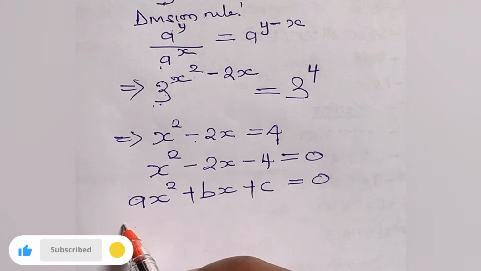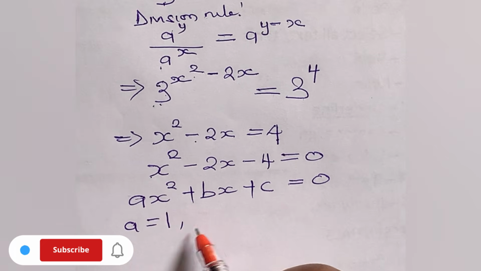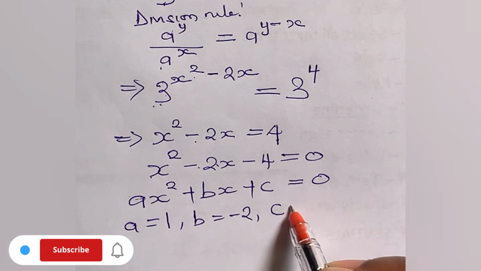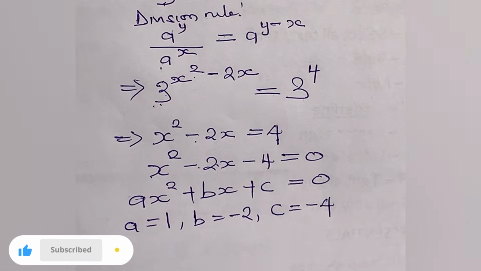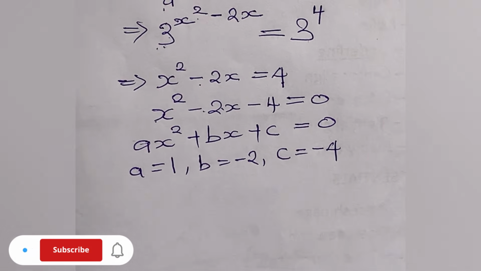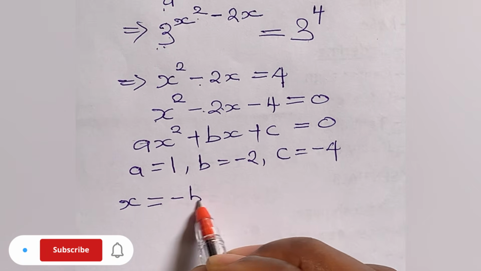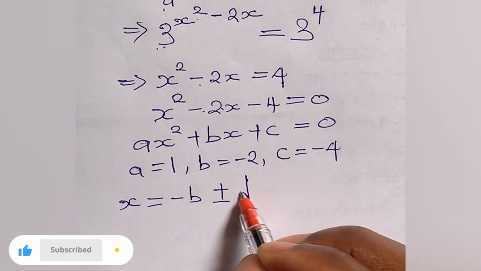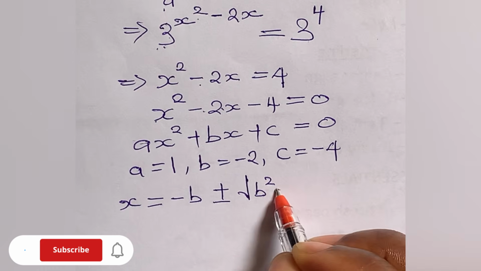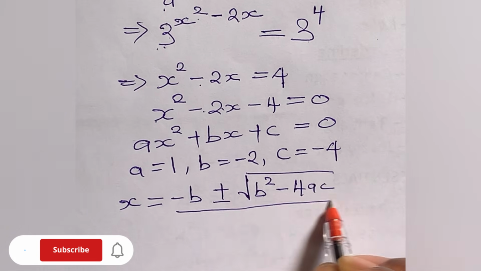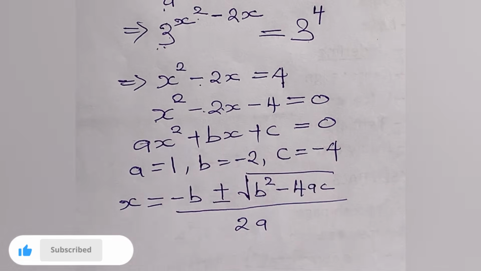In this equation, our a is 1, our b is minus 2, and our c is minus 4. So using the quadratic formula, you see that x is equal to minus b plus or minus root b squared minus 4ac, all over 2a.